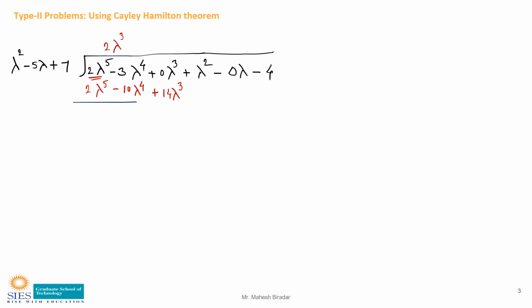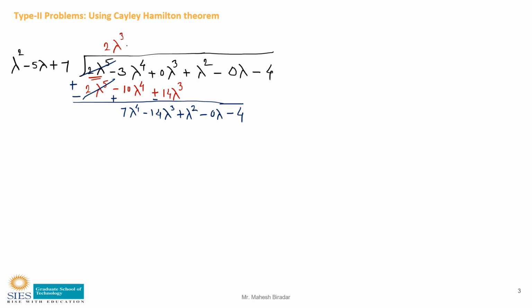Now you can change the sign here, minus plus minus, and you need to add. So the first term is cancelled. After that, 10 minus 3 is 7 lambda raised to 4 minus 14 lambda cube plus lambda square minus 0 lambda minus 4. I have taken the rest from the first row here.